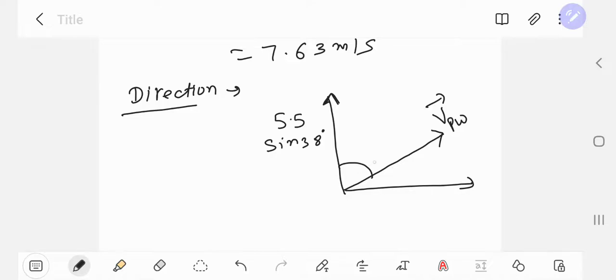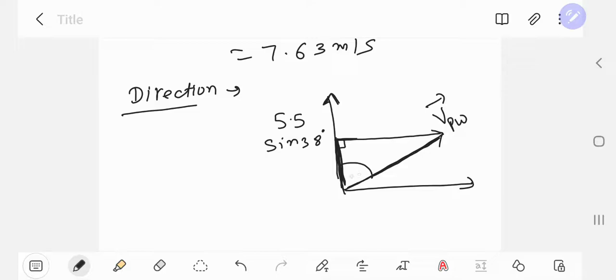So now to find the angle between them, I will draw a perpendicular right here. This is the perpendicular, 90 degrees, and this is one of the components. What values do we have? We have this value, and we have this value, the hypotenuse.